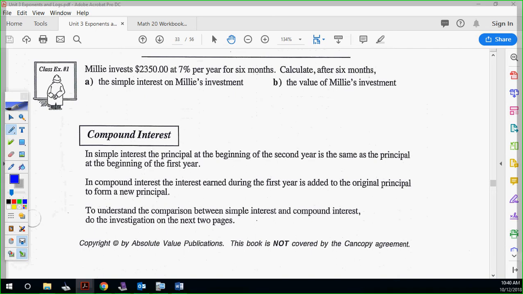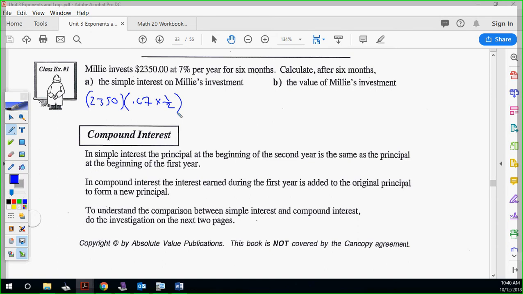Okay, so Millie invests $2,350 at 7% per year for 6 months. Calculate the simple interest she would get after 6 months. So she would have $2,350 times 0.07 times 1/2, because she's only doing it for 6 months.